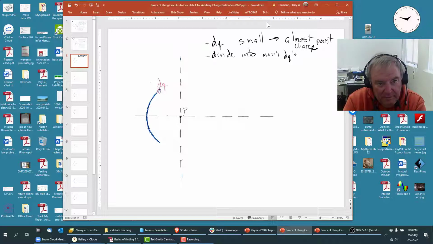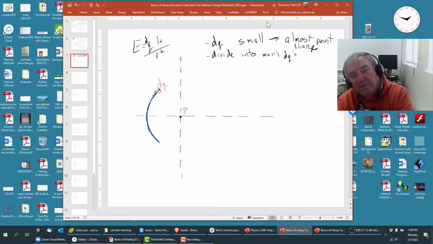Then we can use the formula we know, and we just say that's dq now, because that's the size of the charge, and the k, and we have the r squared. We're kind of lucky here in this case because r is going to be constant, but maybe not. And for every little dq, we'll calculate the E field, and the principle of linear superposition says we can add them up. But of course, remember, it's almost a point charge.